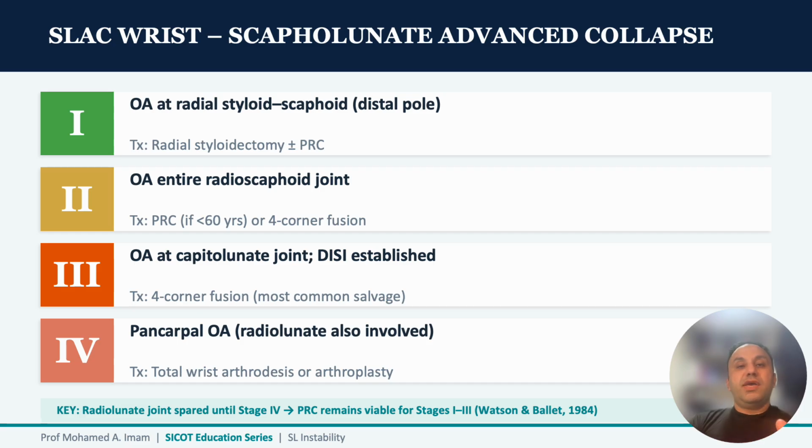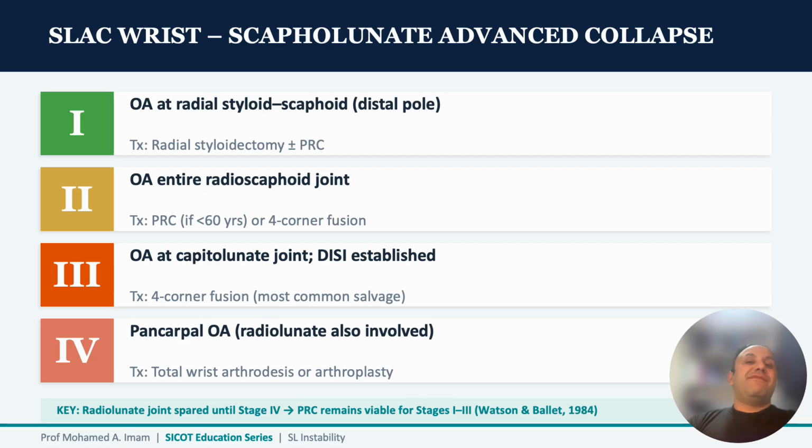So in stage 1 and 2 we can do styloidectomy plus or minus scaphoid excision, and do proximal row carpectomy. In stage 3, 4 corner fusion can be an option, and stage 4 can be total wrist fusion.